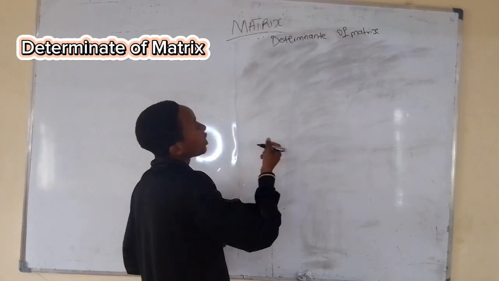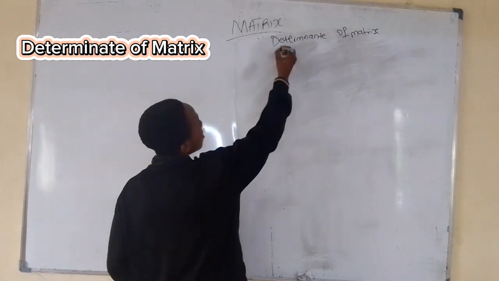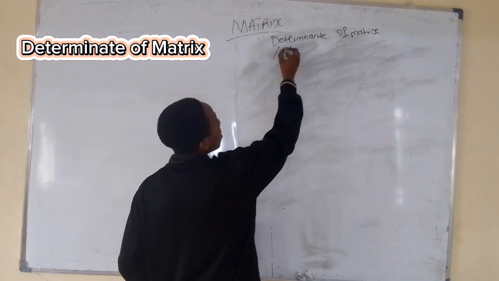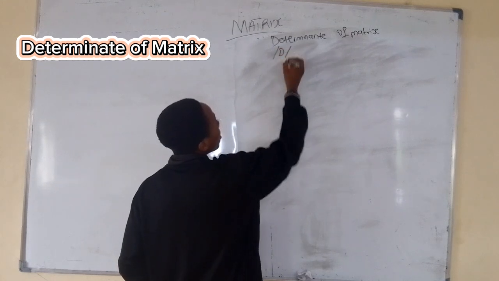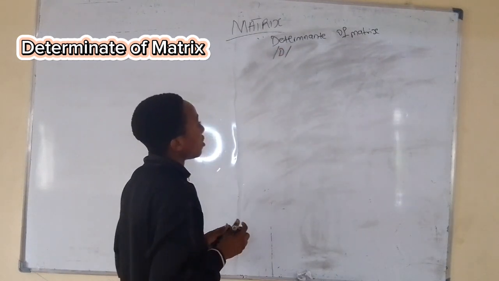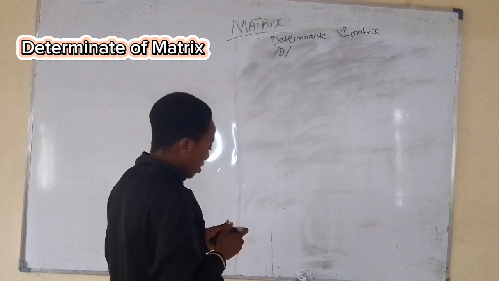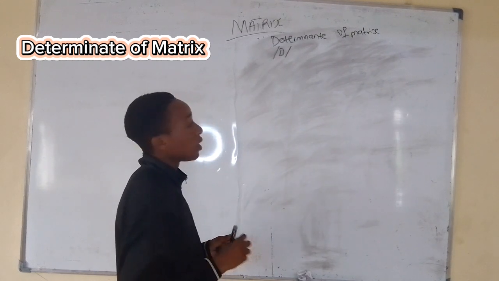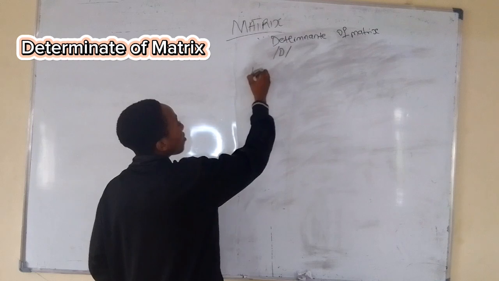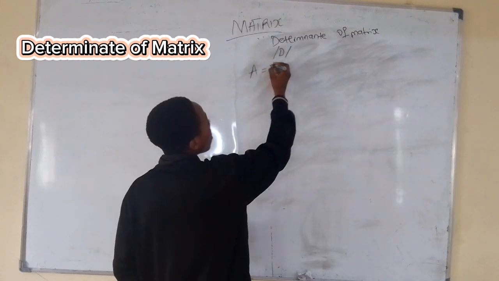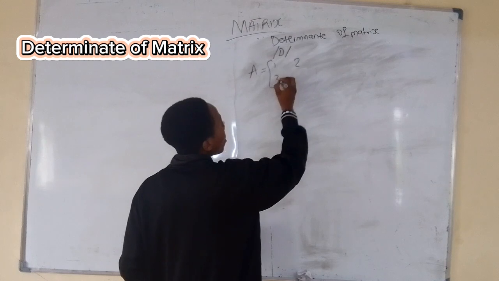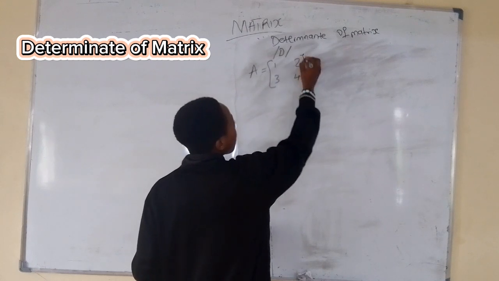The sign for the determinant of a matrix is two slashes with a D in between. The determinant is subtracting your minor diagonal product from your major diagonal product. So let's say we have A equal to 1, 2, 3, 4.